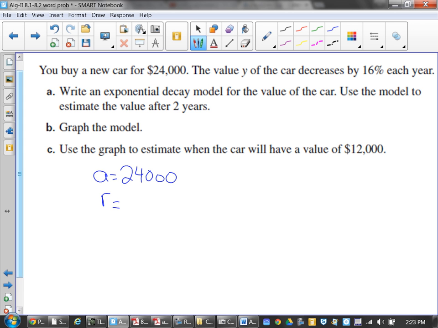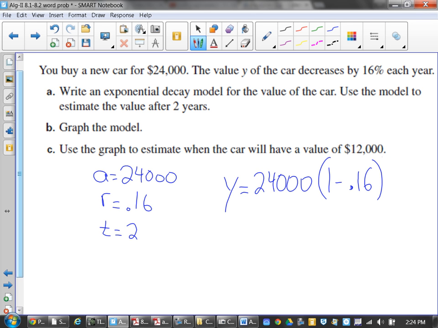What's my rate? 16%, so 0.16. And what's my time? What are they looking for at 2? In this case, we're looking at it at 2. So if I want to write out the model, what's the equation? Well, y equals 24 grand, 1 minus 0.16 squared.